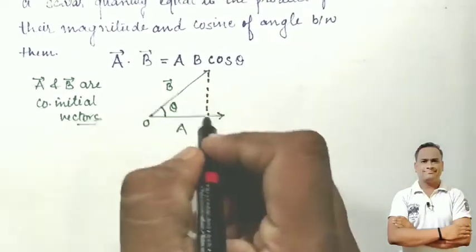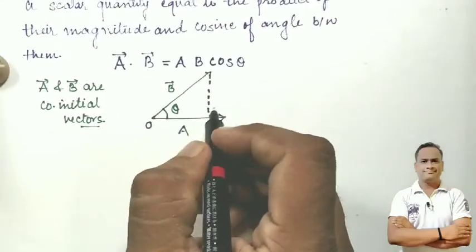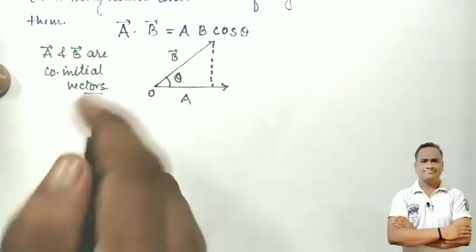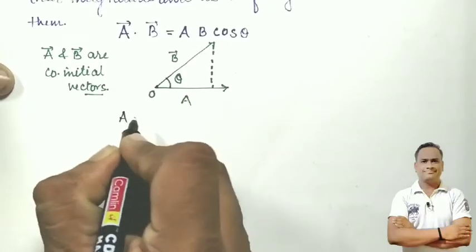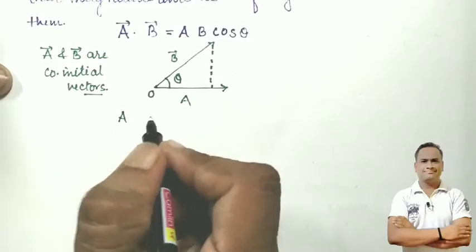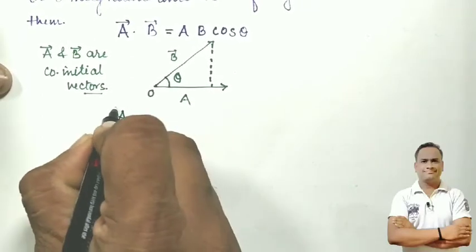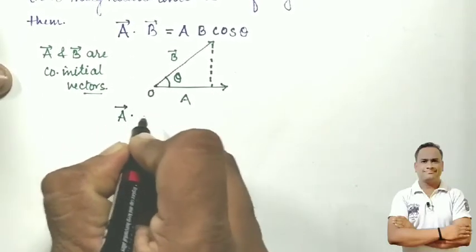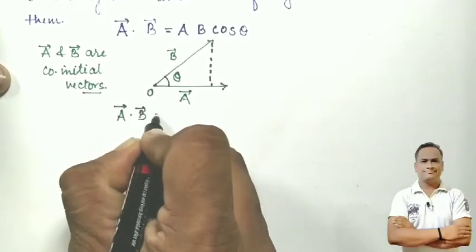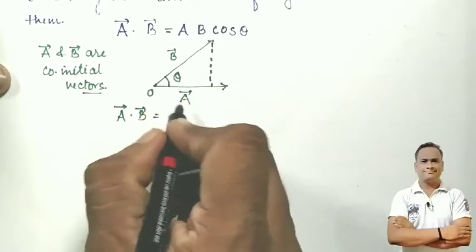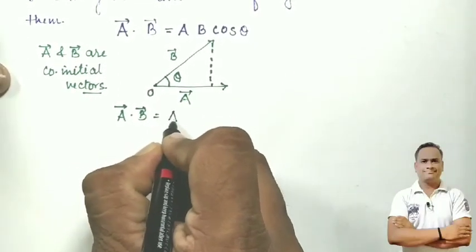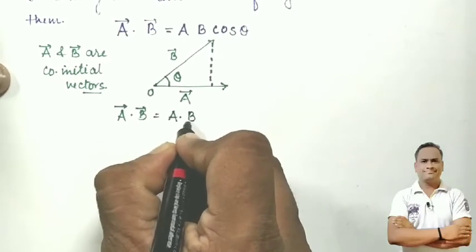Therefore, what we are going to do is find the product of the two vectors, the first vector A and the second vector B. In order to calculate the product of two vectors in the form of a scalar product, we multiply only their magnitudes.